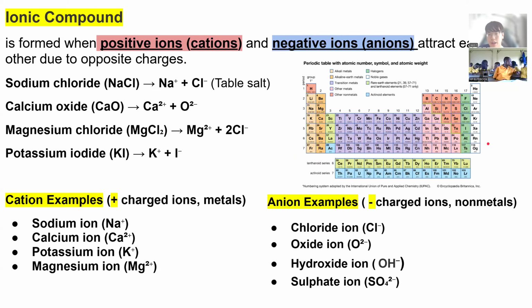The right side of the periodic table, however, has the tendency to gain electrons since it's closer to 8 and closer to gaining electrons rather than losing them. Consequently, the right side is called the nonmetals and the left side the metals. So metals are cations, nonmetals are anions.